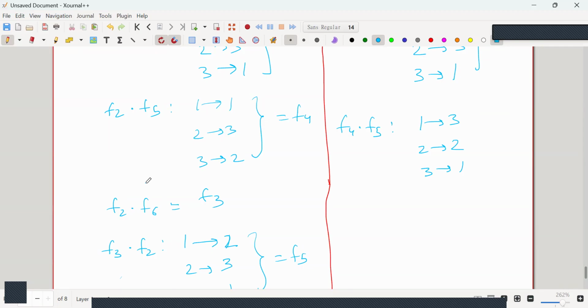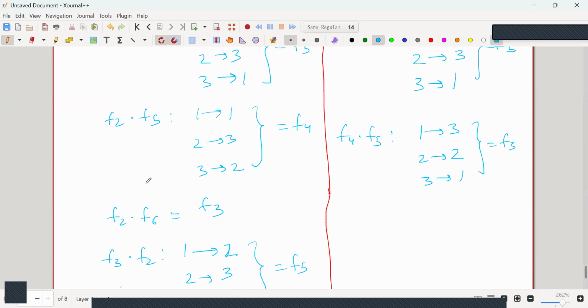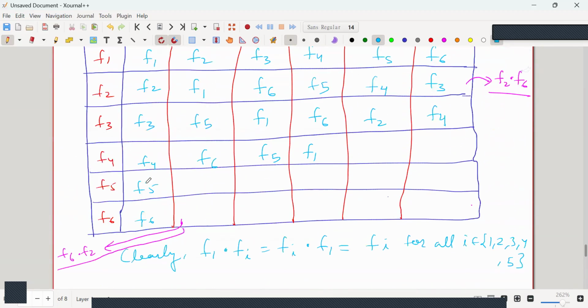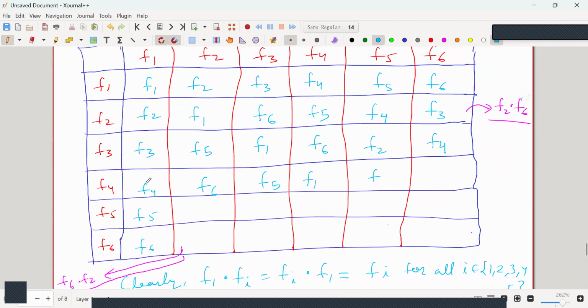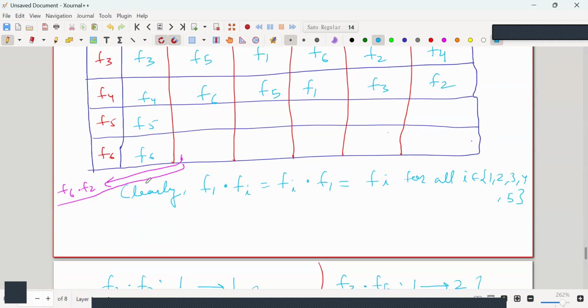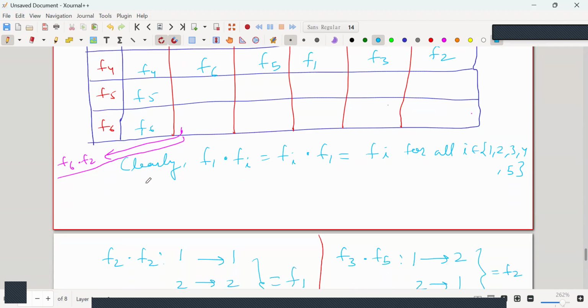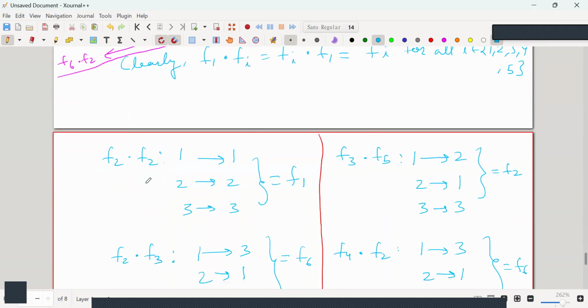Three. Okay, so this is F3, right? So it will come F3, and what is remaining? F1, F2, right? So last one is filled like that. So we only require this many entries, and then we will use the trick that all entries in the row and column should be distinct.